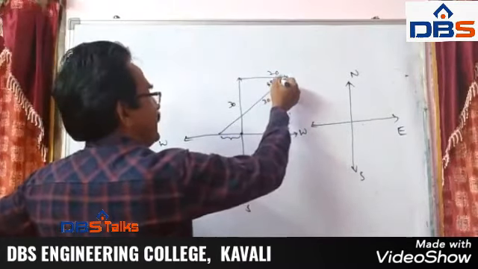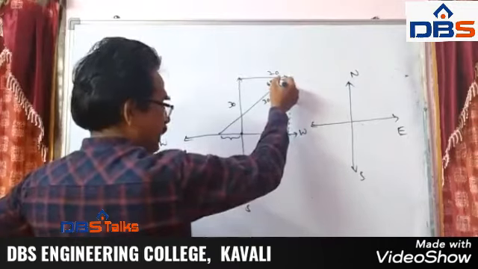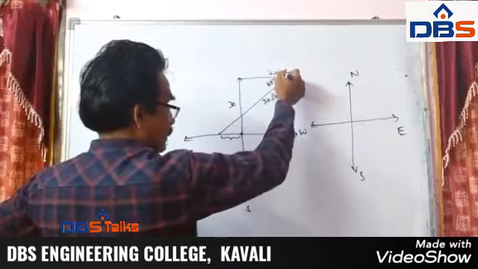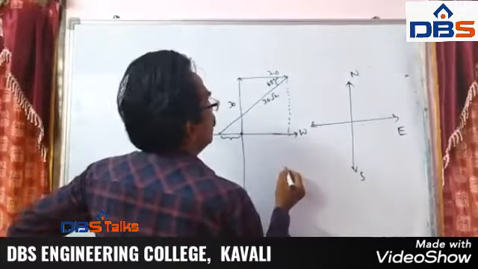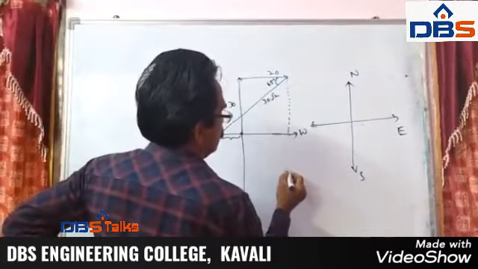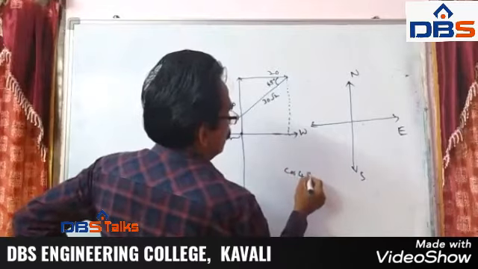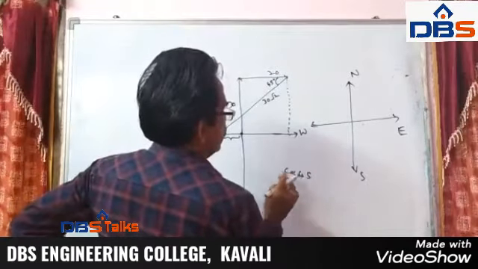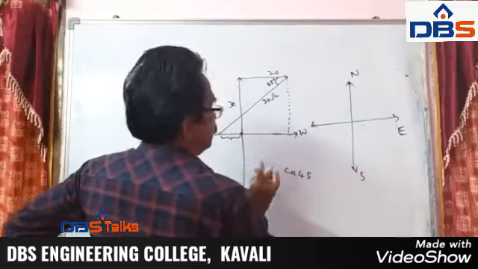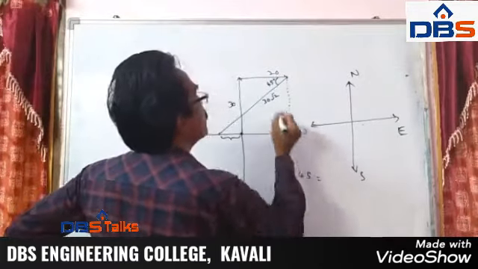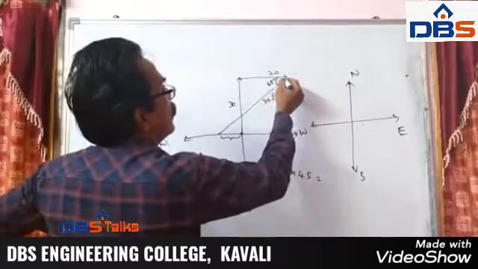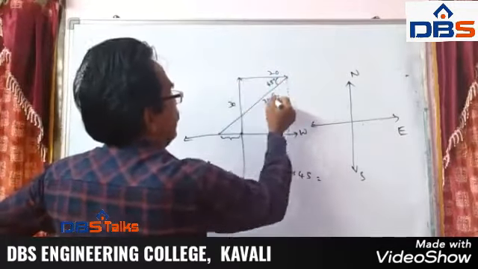So if you take cos, that is adjacent side by hypotenuse, cos 45, or you can take sine, anything. Cos 45 is equal to adjacent side by hypotenuse.